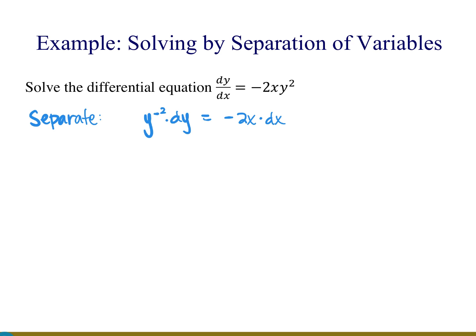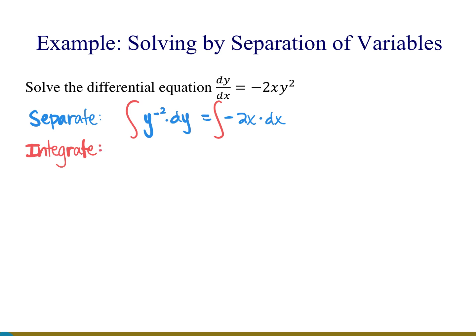Our integrate stage comes where we apply an integral to both sides. So you're going to drop an integral on both the left and the right side, and then see what comes of it after you've done the integration.